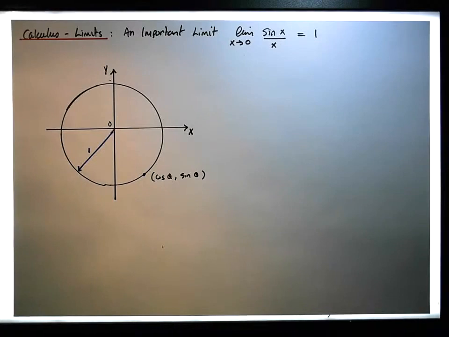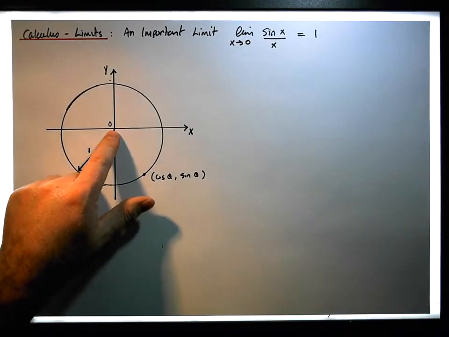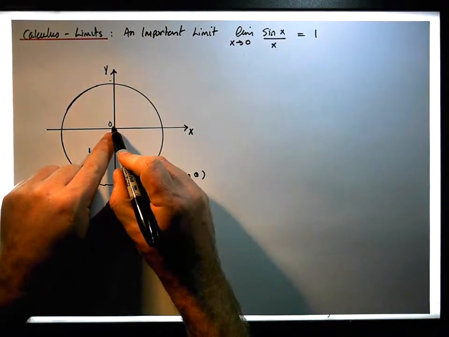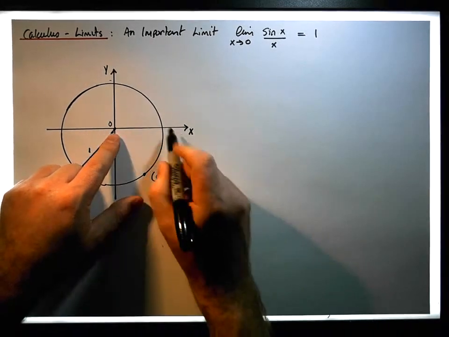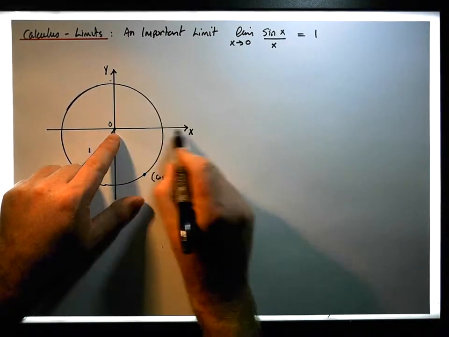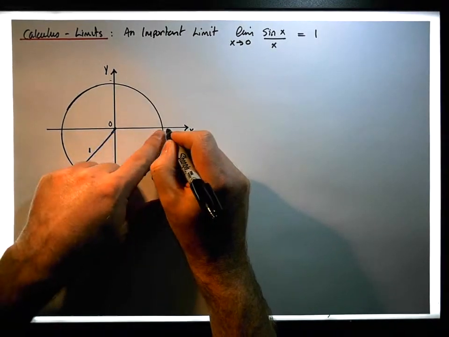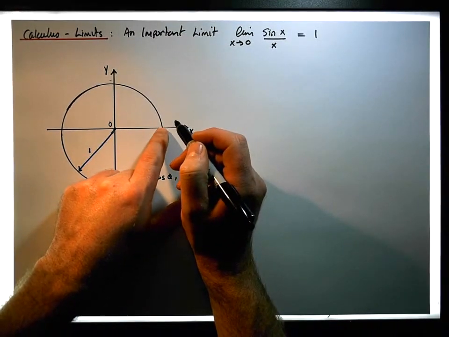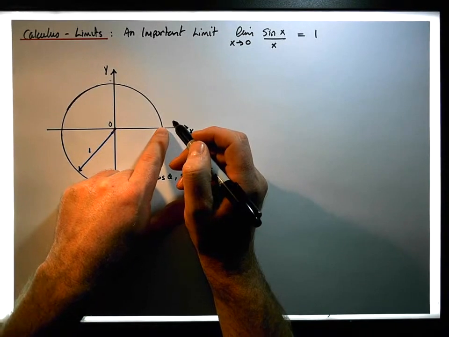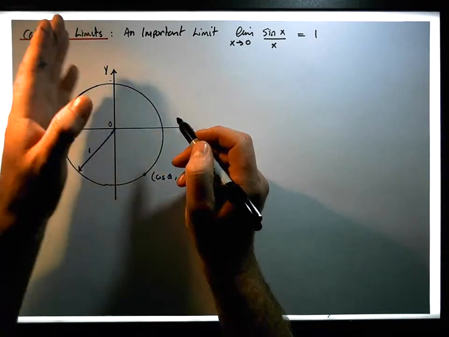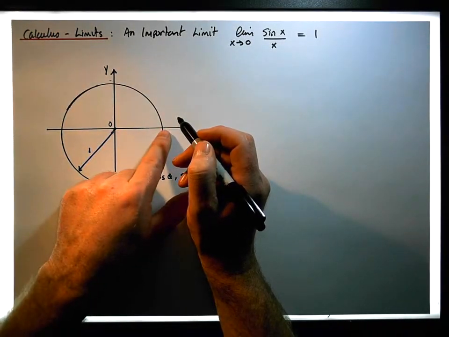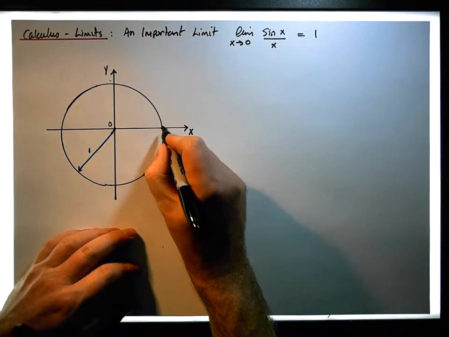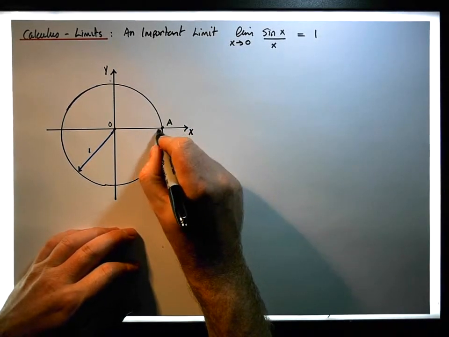First we're going to construct a sector of the circle. So here's the origin O. The intersection of the unit circle with the x-axis is obviously 1 unit away from 0, so in Cartesian coordinates this point, let's call it A, would be (1, 0).